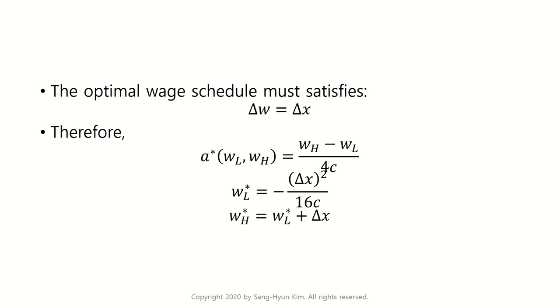So the difference in wage must be the same as the difference in revenue. Okay, so this is one equation that we have to use to write down the solution, and the solution looks like this. The optimal wage is a strategy.